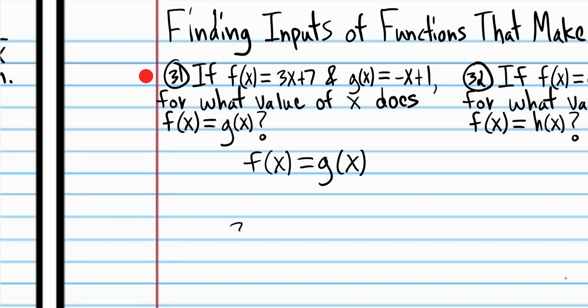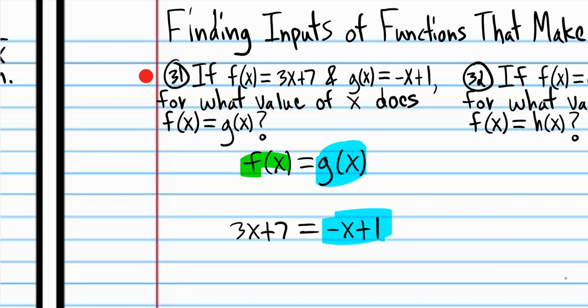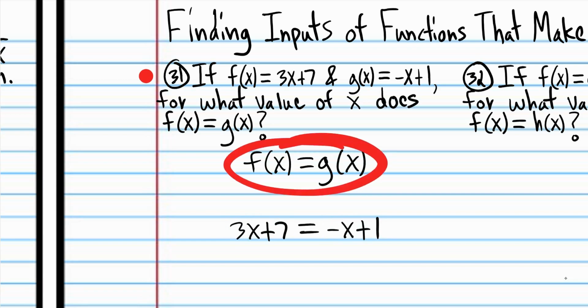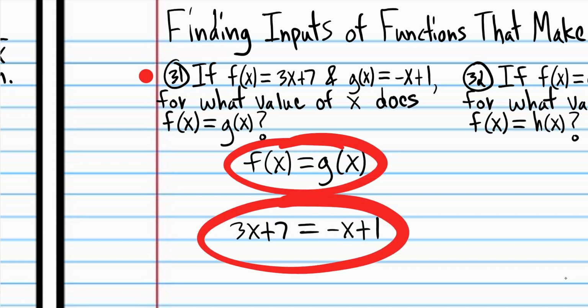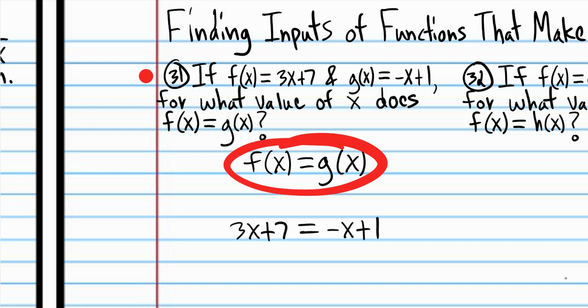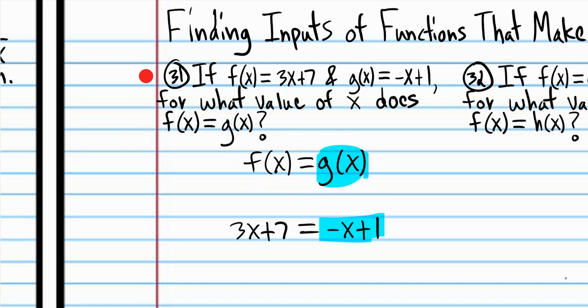And we know that f of x is 3x plus 7, and we know that g of x is negative x plus 1. So instead of g of x, I wrote this, and instead of f of x, I wrote this. So I want to make it very clear. What we did is we took this equation and we rewrote it down here. It's the same equation. The only difference is we replaced g of x with that expression there, and we replaced f of x with this expression.